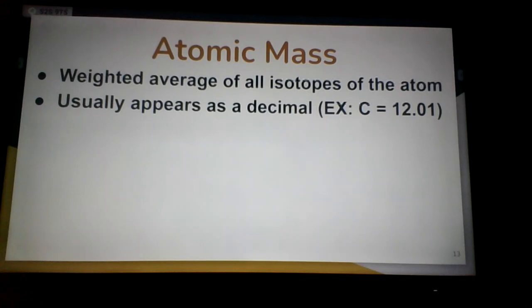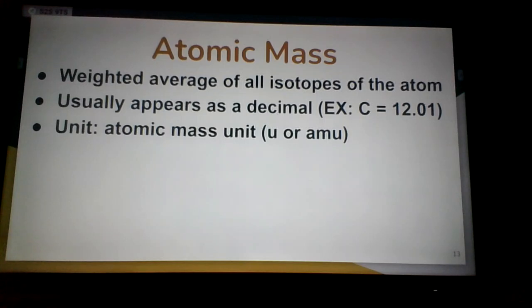However, the mass on the chart says 12.01, or a different chart may be rounded to the 3rd or even the 4th decimal place value. Why is that? Well, remember, isotopes vary in how many neutrons. Therefore, if we add up all of the isotopes and then divide by how many there are, we find an average, we're going to get a decimal. And when we measure atomic mass, we use the unit called the atomic mass unit, which can be just a u, lowercase, or amu, lowercase.